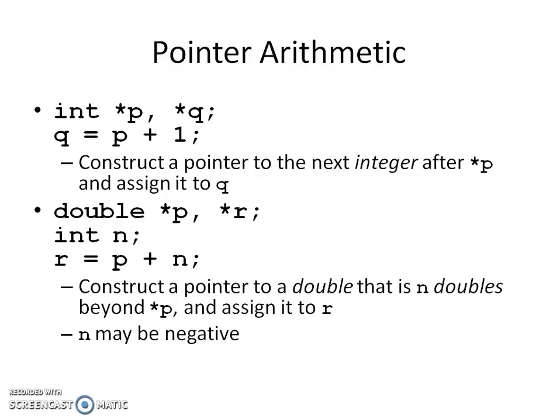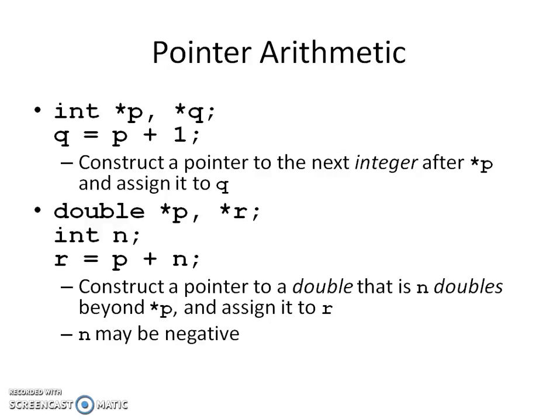Here we have two pointers, p and q. You add 1 to p, that is you increment p by 1 and assign that value to q. So we construct a pointer to the next integer after p and assign it to q. That is, the next location of p is assigned to q.